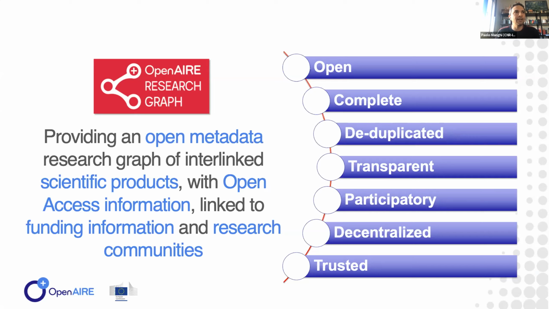And we want it to be decentralized, meaning that, of course, it's open, you can take it, you can download it, but we also have services that are able to proactively send back to the original sources the information they're interested in and that is not present on their sites. For example, we can send back to Pangaea the project links that they don't have, or the open access version of an article they don't have, or extra links that we find, etc.